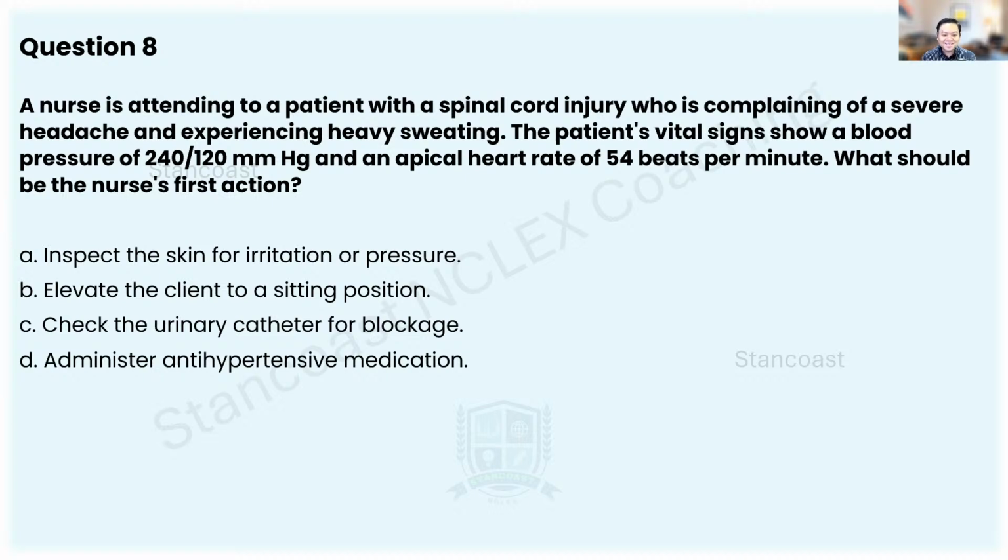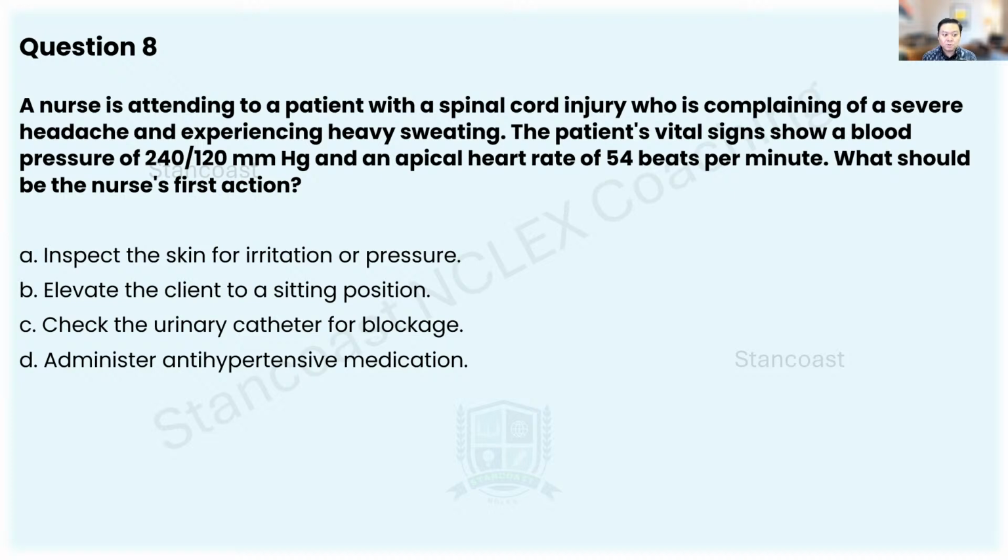Look at this. These are actually all good interventions. But which of the following would be the most critical step that will be done by the nurse to prevent further complications of the autonomic dysreflexia?